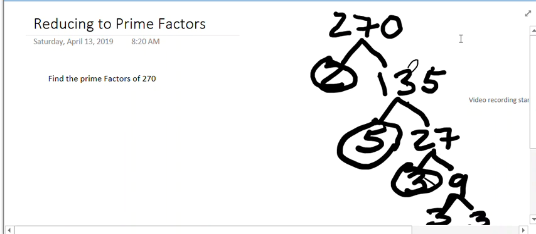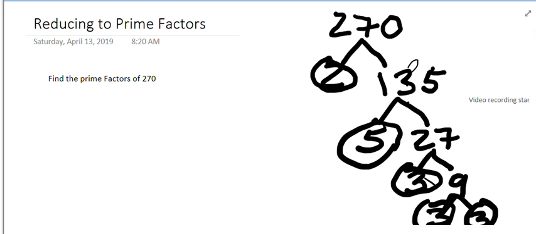And so now we're down to prime factors again. So we have a prime factor here and a prime factor here. So if we write all these numbers together, we take the 2, the 5, the 3, the 3, and the 3.